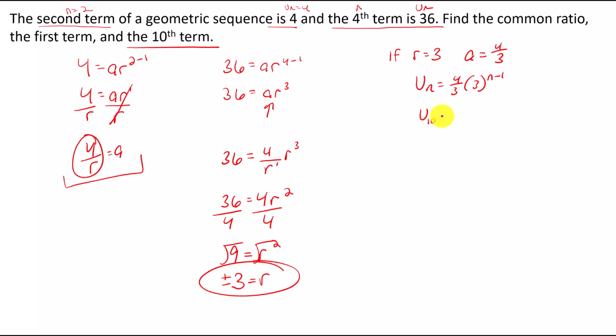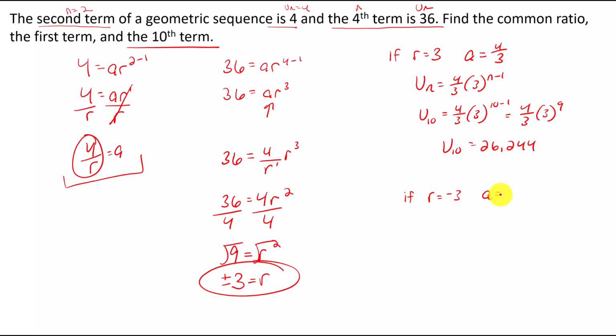So in this case, u sub 10 would be 4/3 times 3 to the 10 minus 1, and that simplifies to 4/3 times 3 to the 9th. And if you do that math, you get 26,244. Okay? All right, so what if r is negative 3?